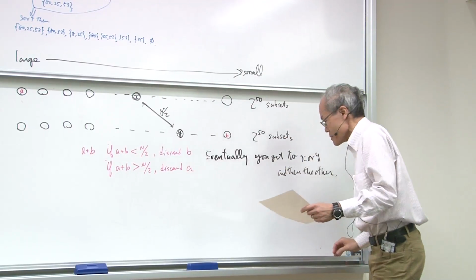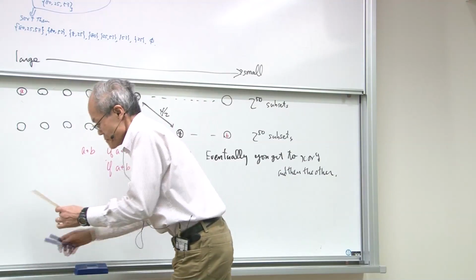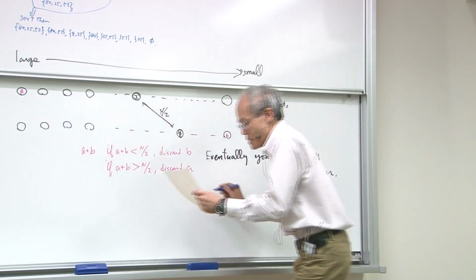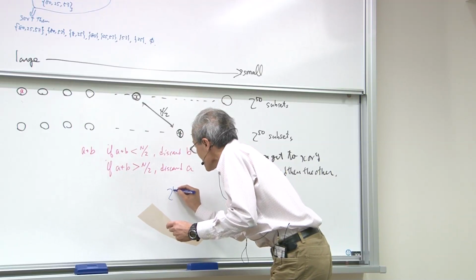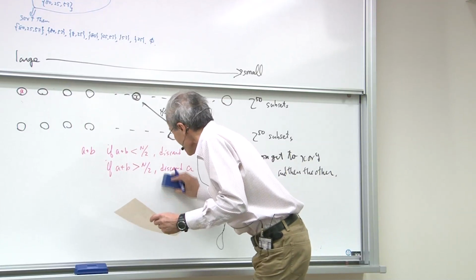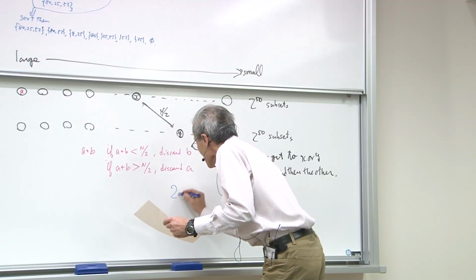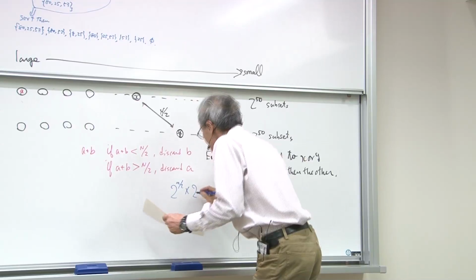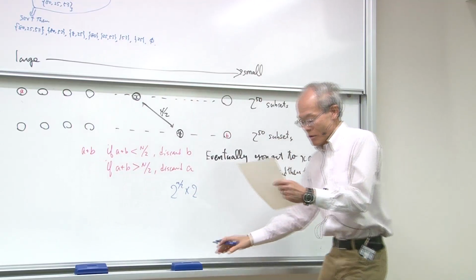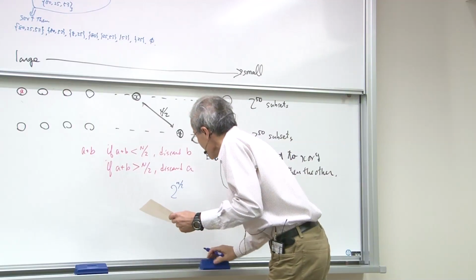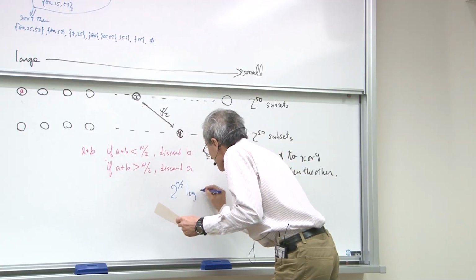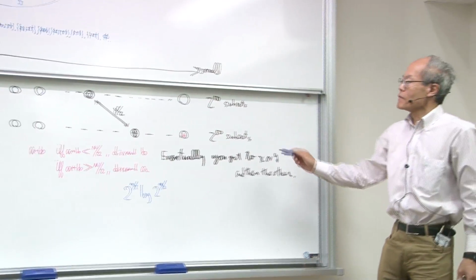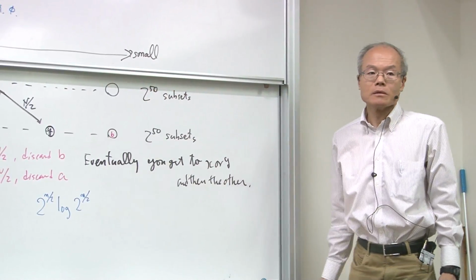What is the complexity? This is the complexity of making these two lists.